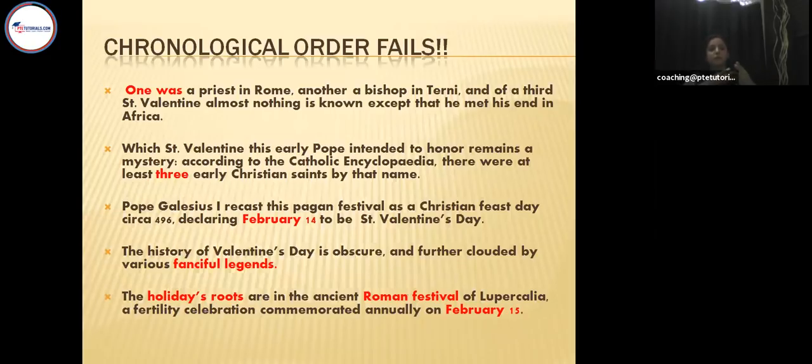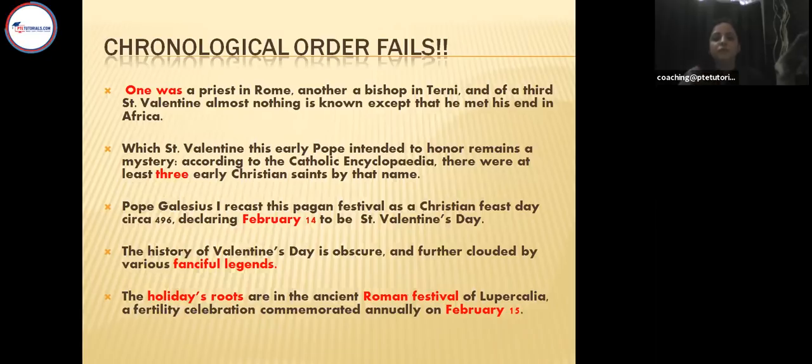If it is obscure, it means something weird is happening. Earlier it was common on the 15th of February, but with the coming of Pope Galatius I, who made it clear, earlier it was made on February 15.